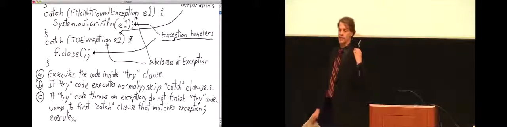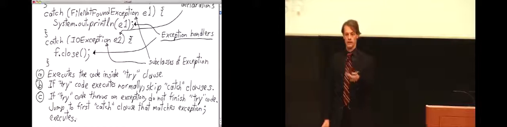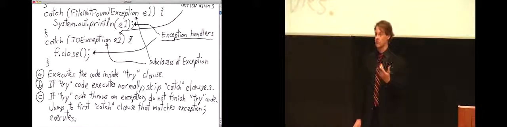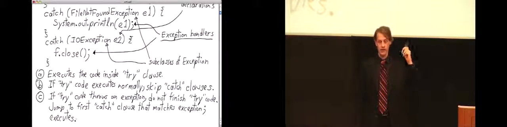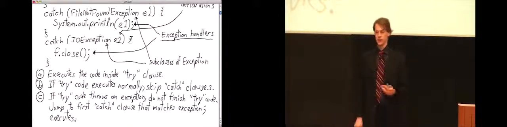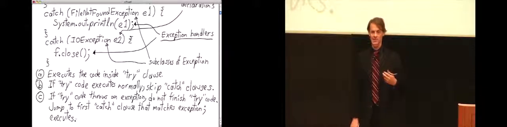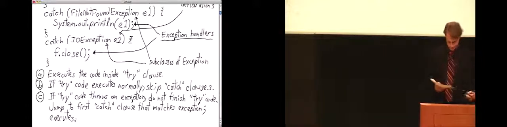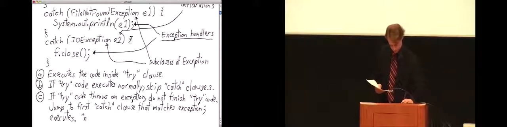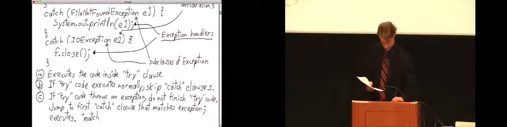And so what do I mean by matches? So the exception that got thrown is an actual Java object with an actual dynamic type, like file not found exception. Java is looking for the first catch clause that declares a static type of exception that is either the same class or a superclass of the actual object that got thrown. So again, what do I mean by matches?